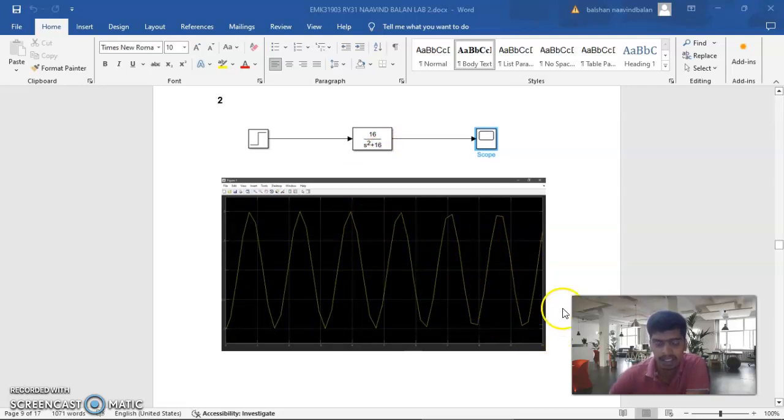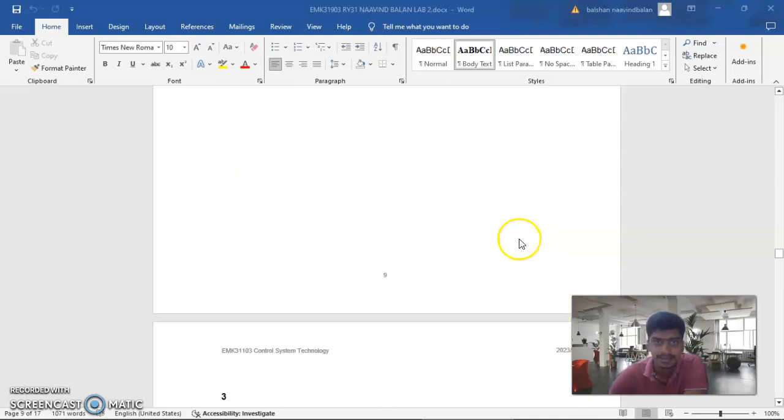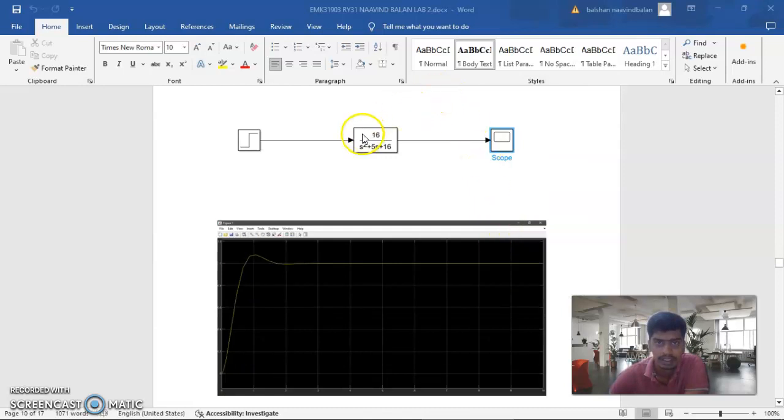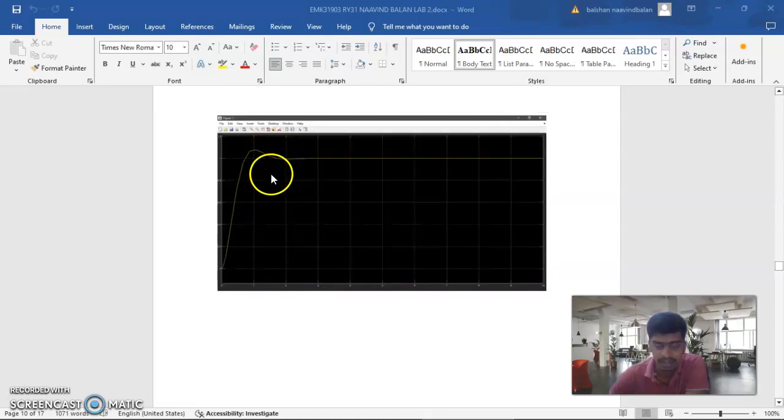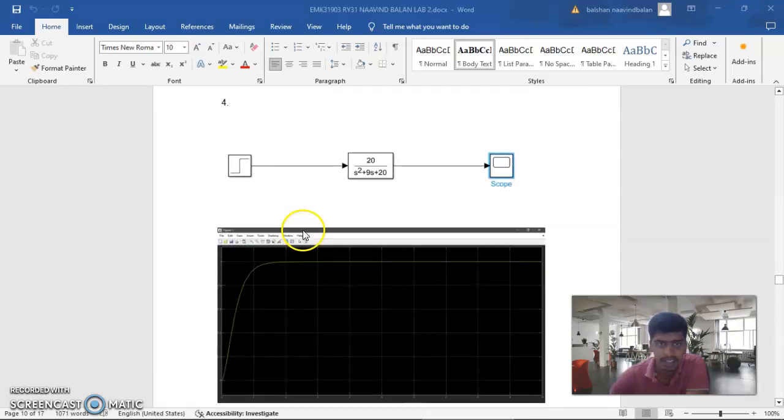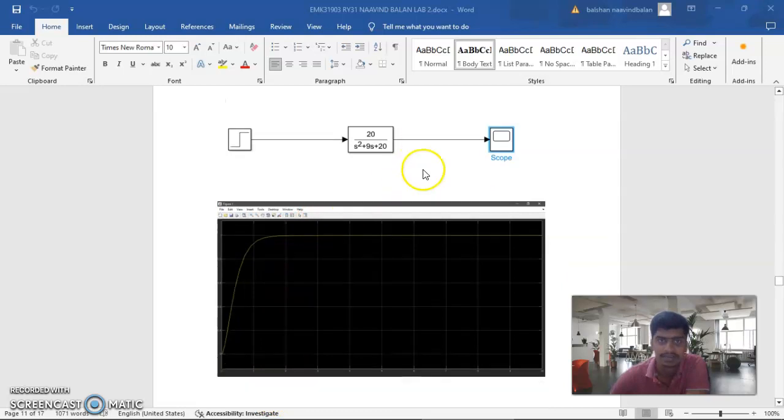If more than that, you can see how it results. For 16 over s squared plus 5s plus 16, these are the steady state values from 2 onwards. Before that there is some discrepancy. This one is the steady state after 1.6.